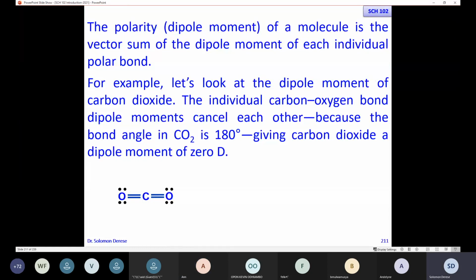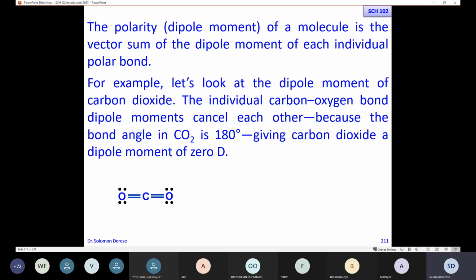Of course, if you see a double bond, I've told you that when you see a double bond, the hybridization is sp2. If the hybridization of the carbon in carbon dioxide was sp2, the shape of carbon dioxide would have been different.